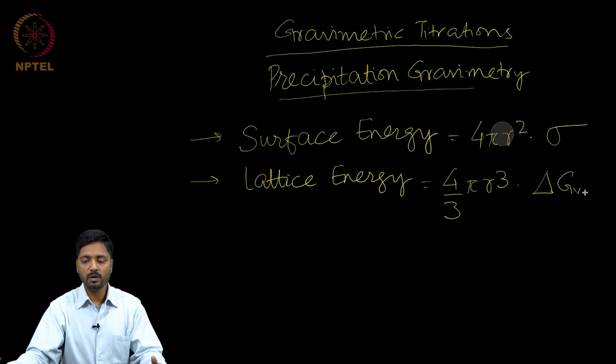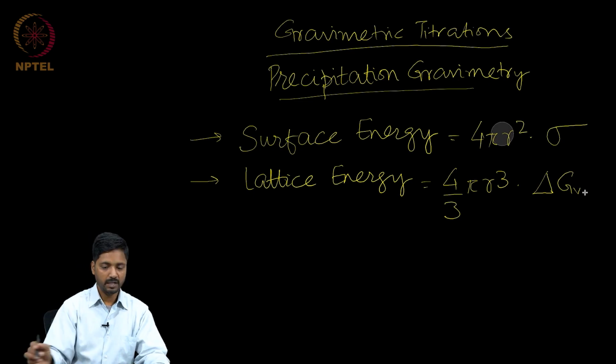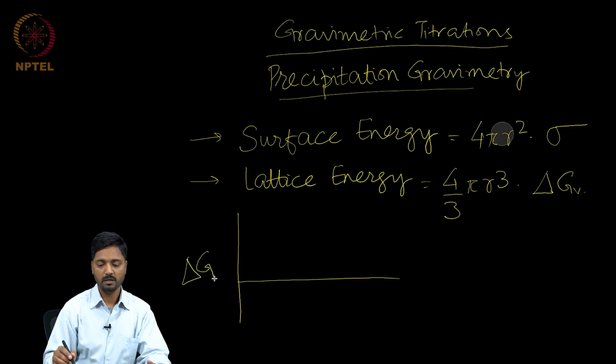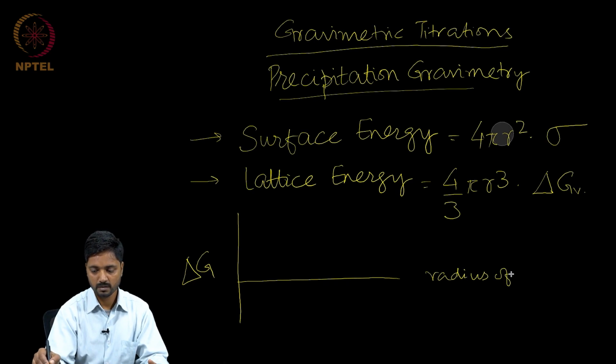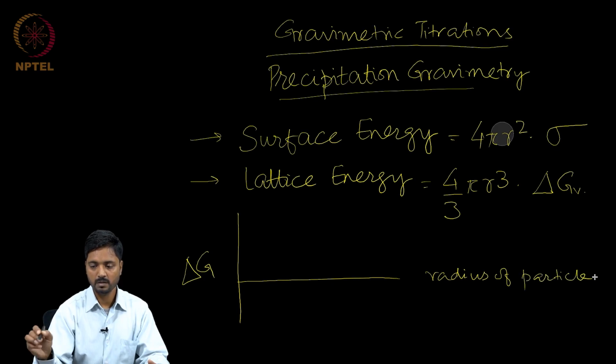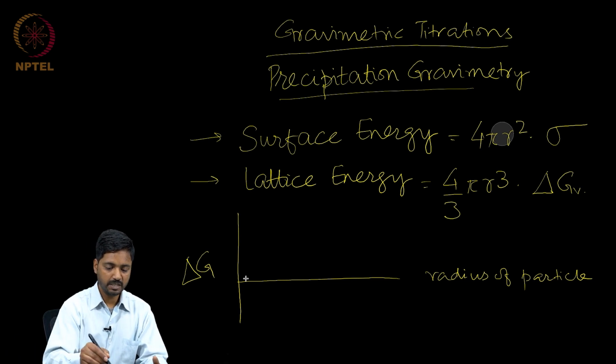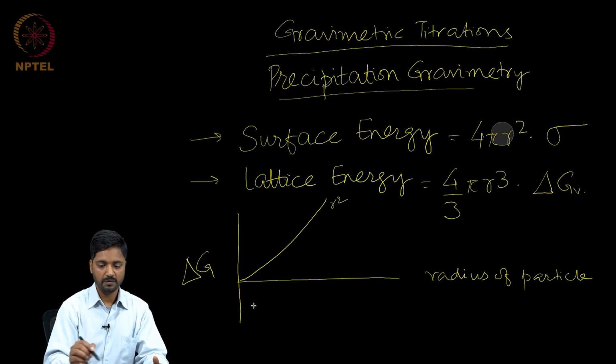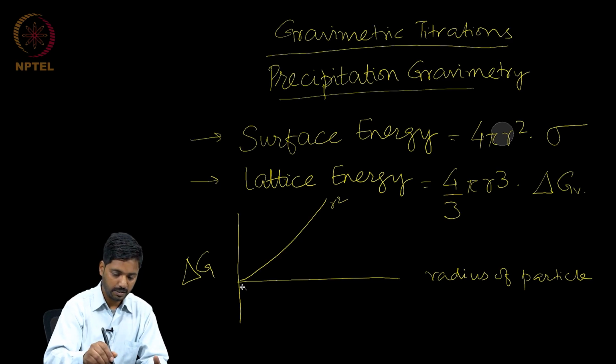These two forces act simultaneously on the particle, and if I plot the free energy of particle formation with the radius of the particle, what we see is that the surface energy will scale as an r square value, and the lattice energy is an exothermic thing, and it will scale as r cube.